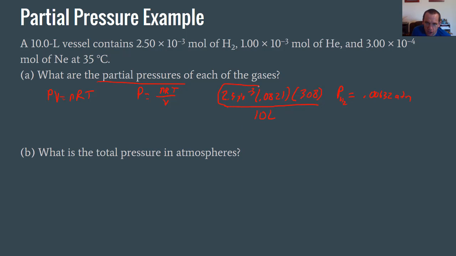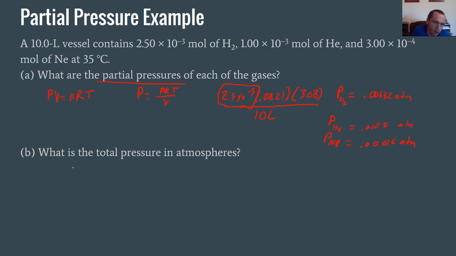We just have to change the moles there. So the pressure of helium is going to be 1 times 10 to the negative third times all of that, and that'll get us 0.0025 atmospheres. And then the partial pressure of neon is going to be 0.00076 atmospheres.